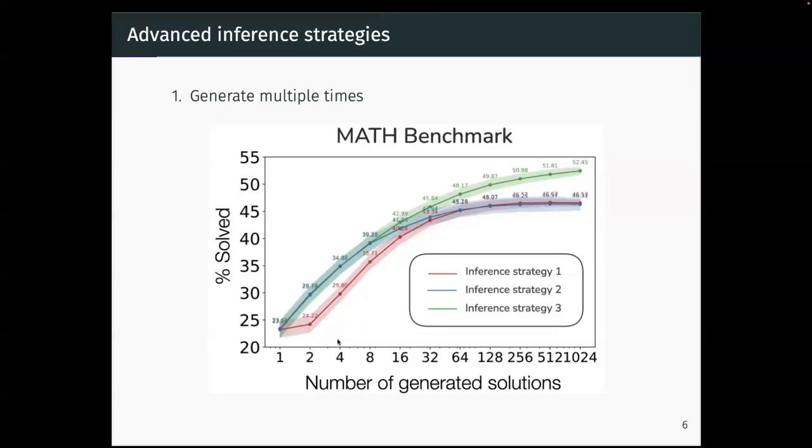And so we can see that as we scale up the amount of solutions that are generated, the performance is increasing. And then we can also see that the performance varies based on which strategy you use. And so in today's lecture, we'll see actually all three of these strategies that are being used in this plot.